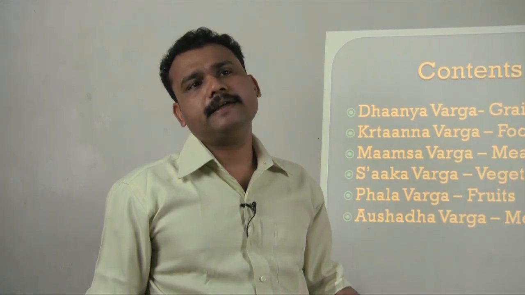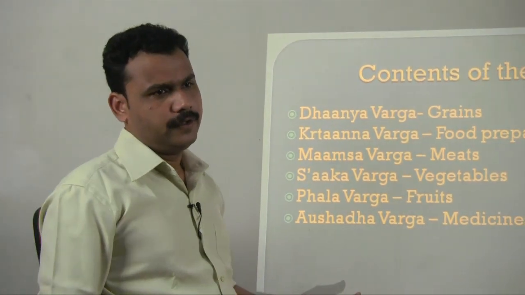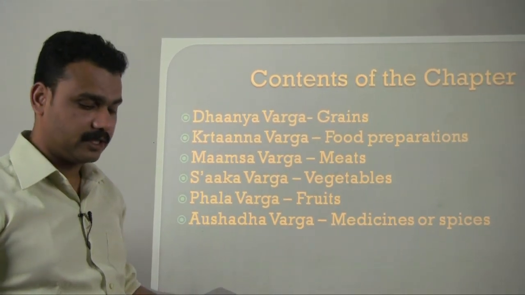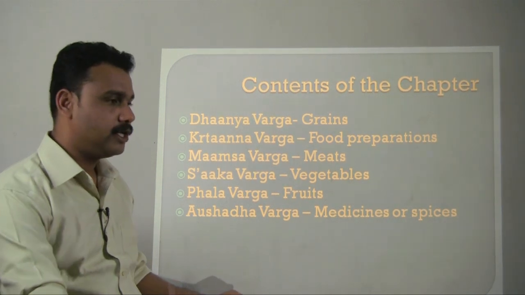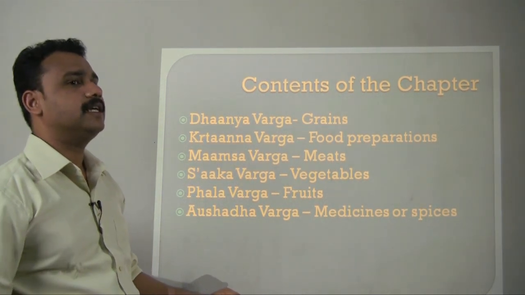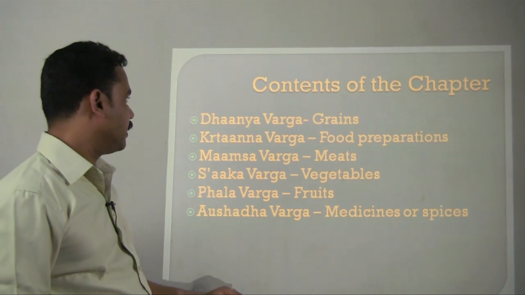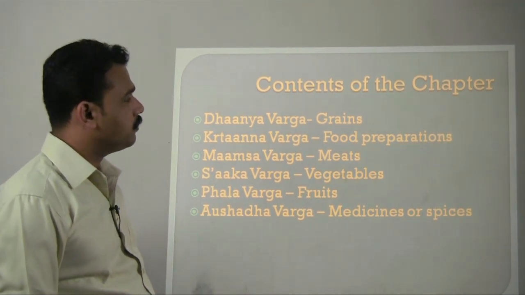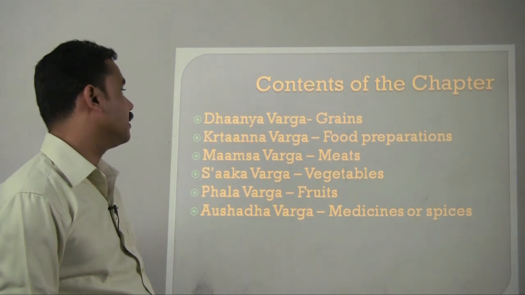When we look at the content of the whole chapter, you can see that they have classified the solid substances, the food substances, into basically 6 groups. They are Dhanya Varga, which are grains.